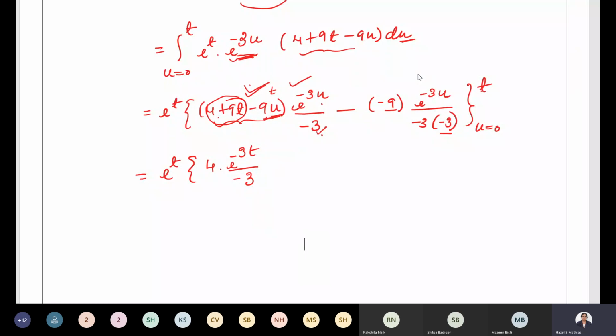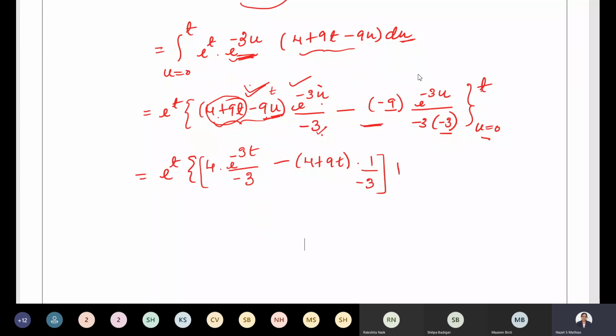Then you put the lower limit, that is 0. So when you put u as 0, what do we get? Minus lower limit, 4 plus 9t into, you put the lower limit, which will be e power 0, which is 1. So what do we get over here? 1 by minus 3 you will get. So this is regarding the first term. Now take the second term.